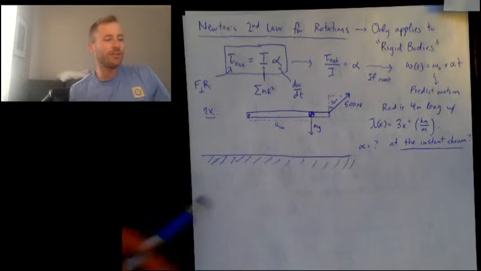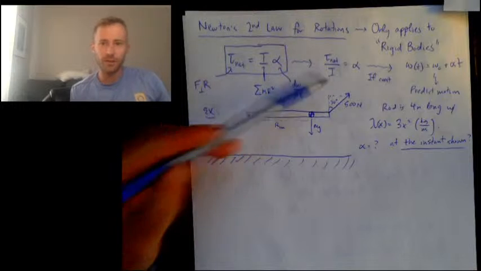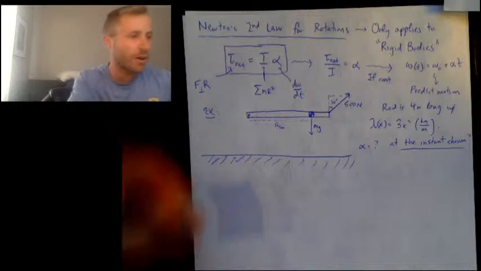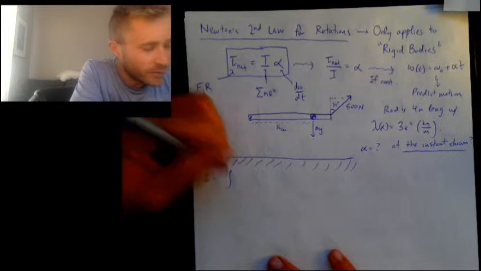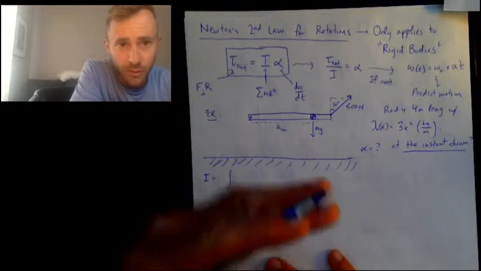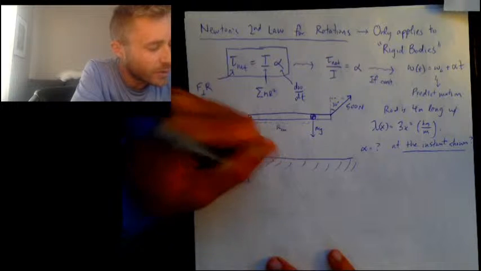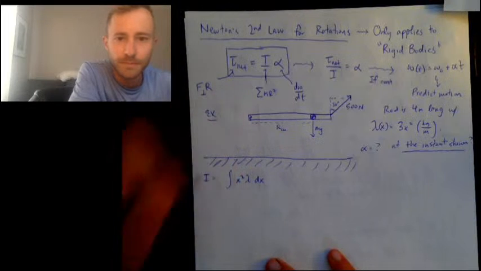So what do I need to do to calculate alpha? I need to calculate net torque, and I need to calculate inertia. So maybe I'll calculate inertia first. If you recall, inertia was defined in its integral form as the integral of x squared times lambda with respect to x.